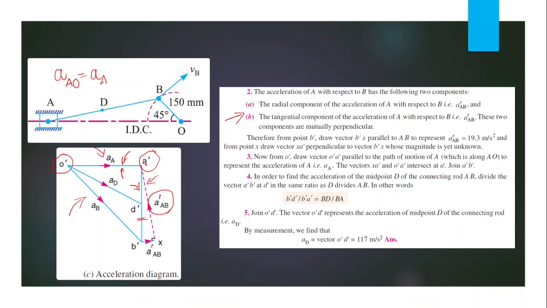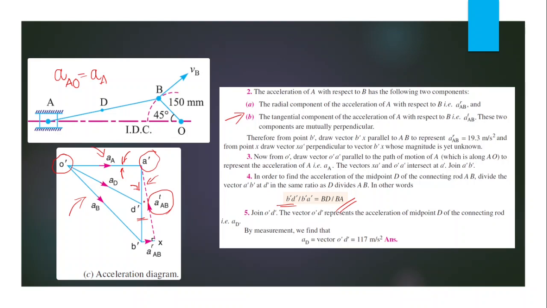Then we can measure this length into the scale taken, and we can also measure this A dash B dash length. In order to find the acceleration of the midpoint of the connecting rod, B dash D dash divided by B dash A dash, the ratio of distances in the acceleration diagram, must be equal to BD by BA, the ratio of distances in the space diagram.